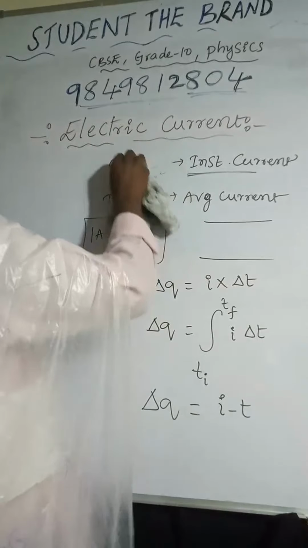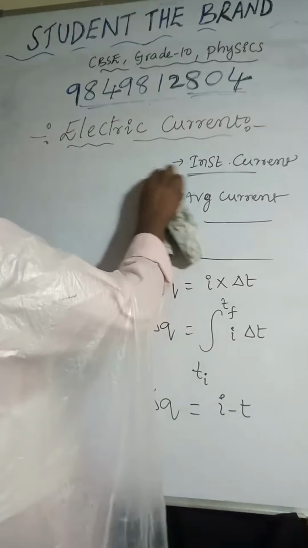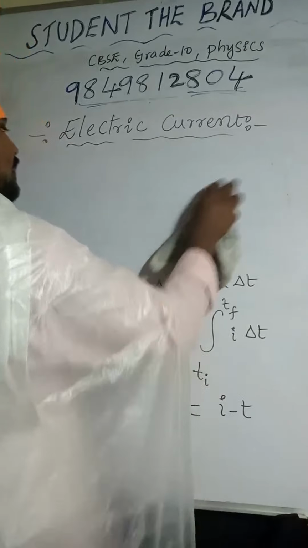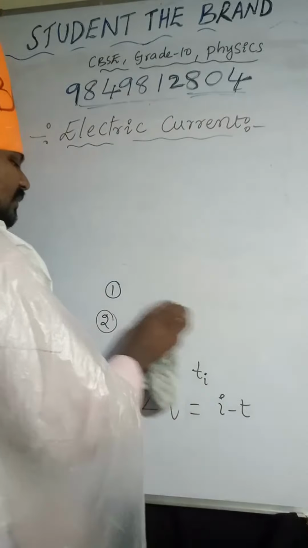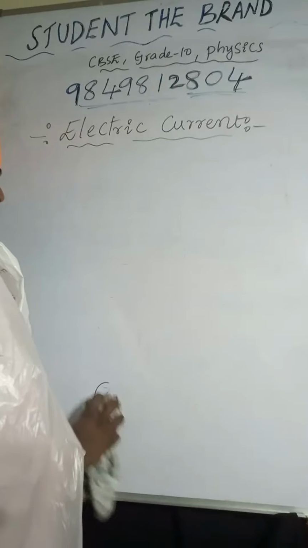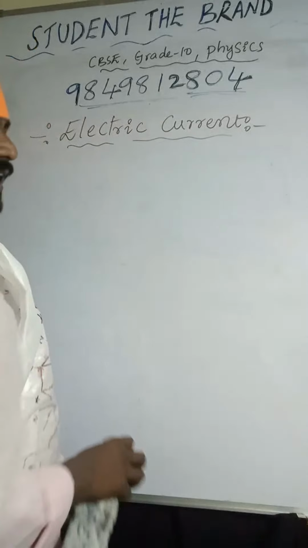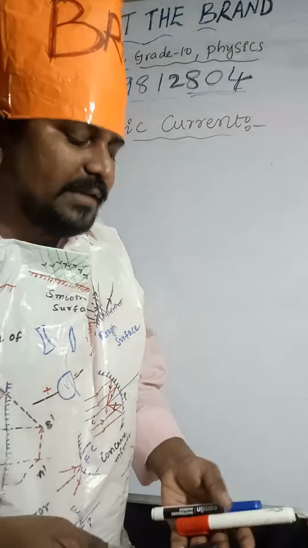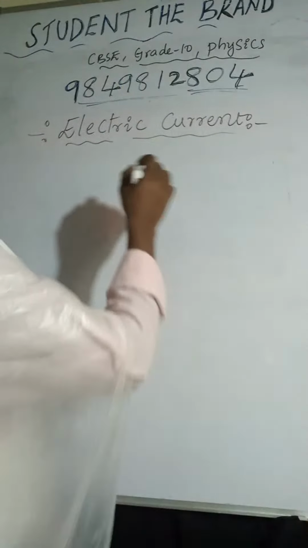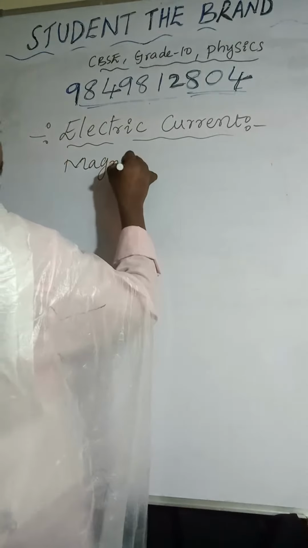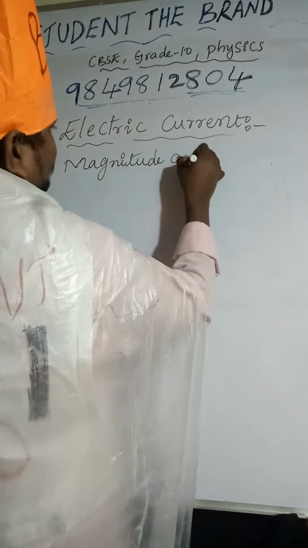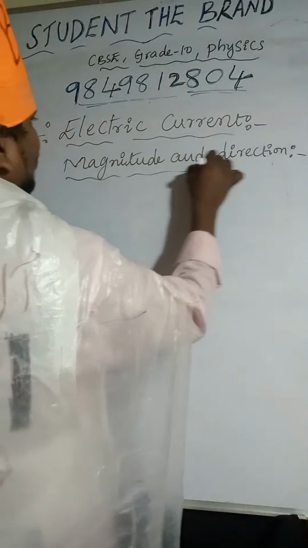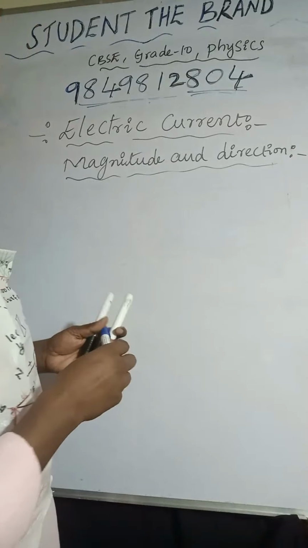Next, based on magnitude and direction, current can be divided into two types: one is DC, and the other is AC.